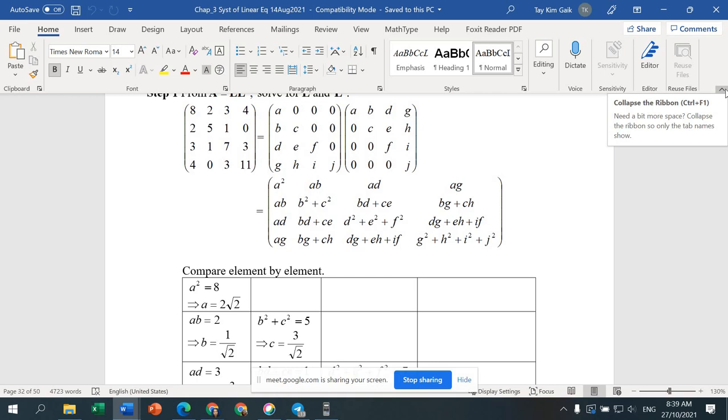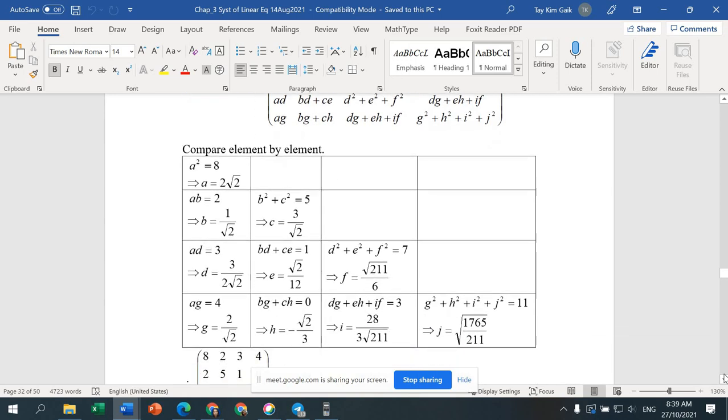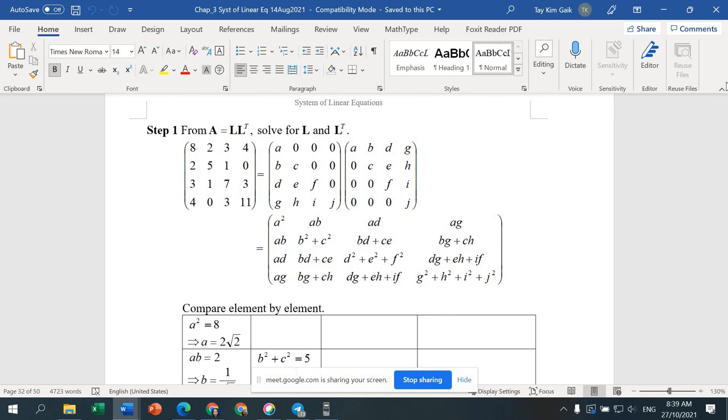For Cholesky, even though you know that the square root can be positive or negative, always take positive only, because the diagonal value is always positive. You see here, A, C, F, J are actually at the diagonal. Why do we take positive?